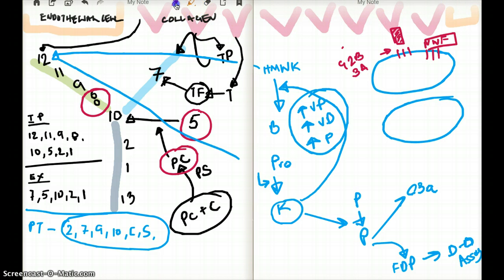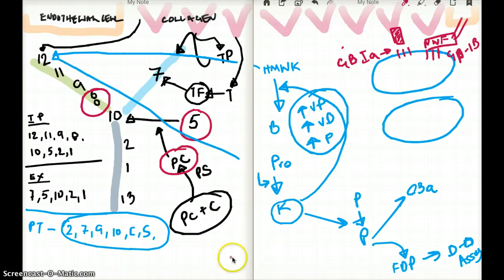This binding is achieved by glycoprotein... sorry, this is not glycoprotein 2B3A. This is actually GP1A, and this is GP1B, which is binding to the collagen. Okay, so that's going to happen.